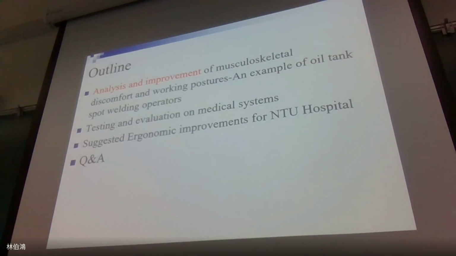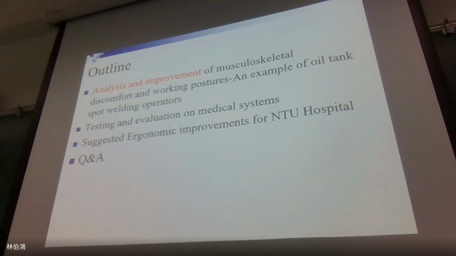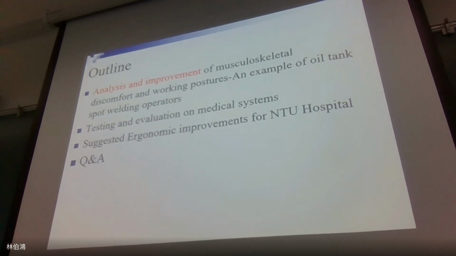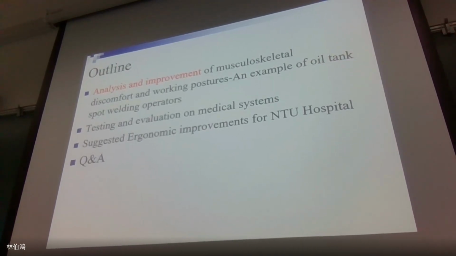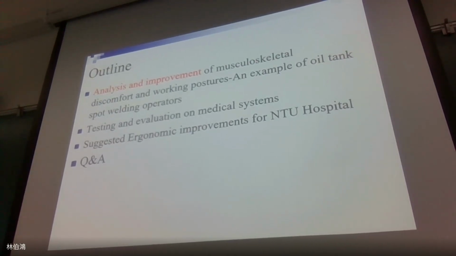I also provide some ergonomics improvements for the NTU hospital. Maybe we can brainstorm it. You can come up with better ideas for the improvement.